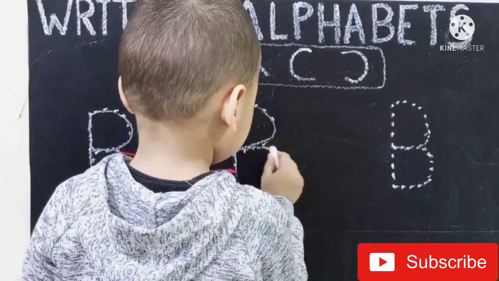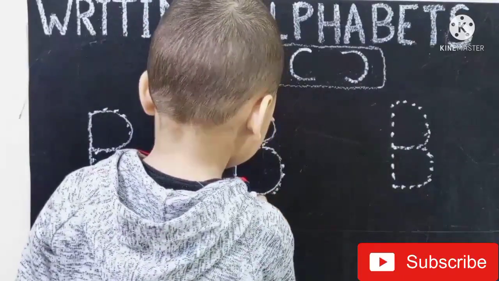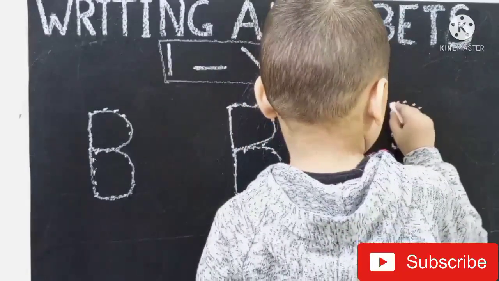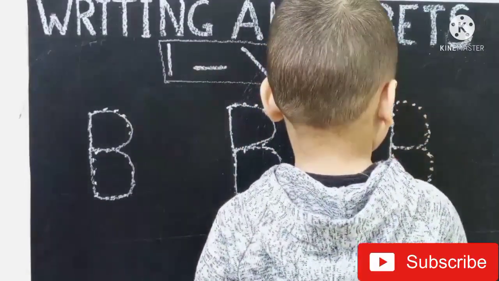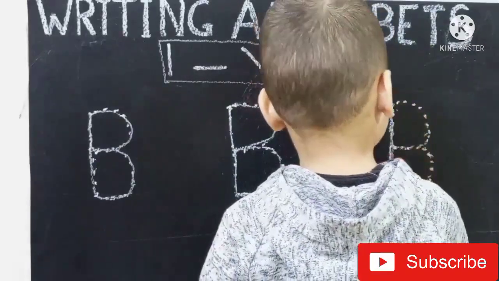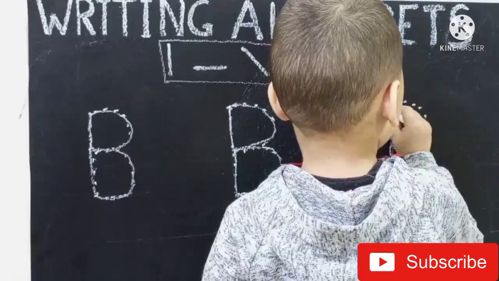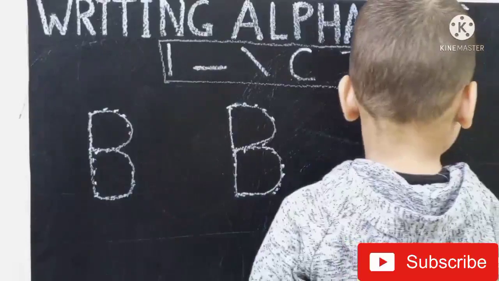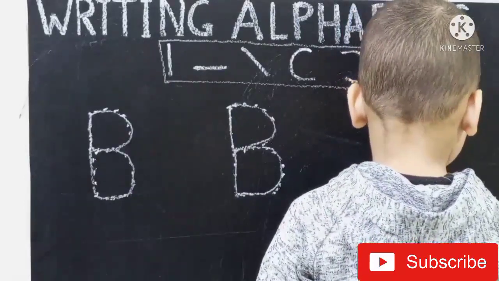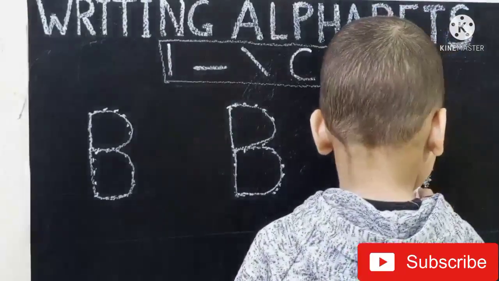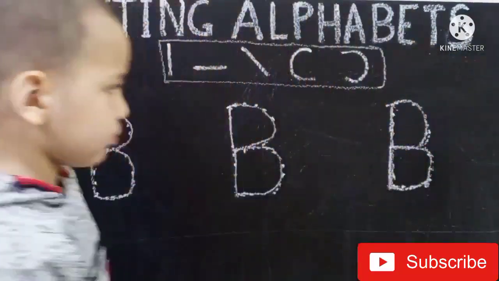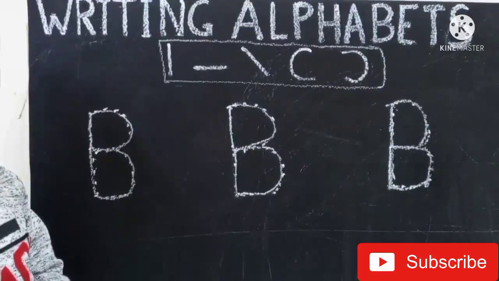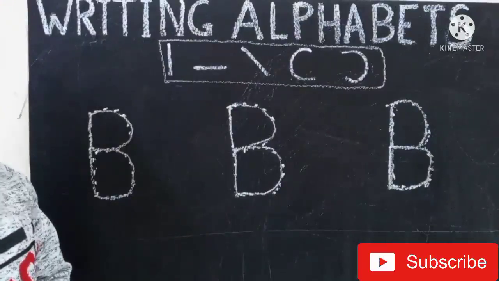Another curve. Very good. Standing line. Curve. And do properly. Another curve. Yes, good. To make letter B, first standing line, then curve, another curve.